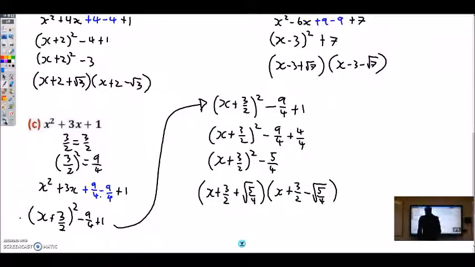Now, from our surds, we know that we can rewrite the square root of 5 on 4 as the square root of 5 over the square root of 4, which is 2.